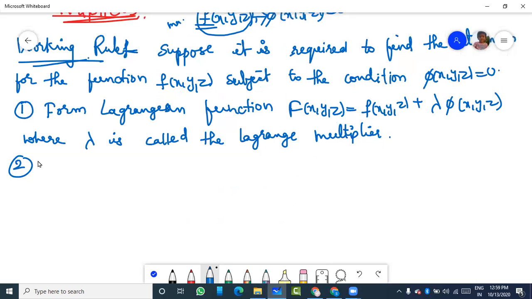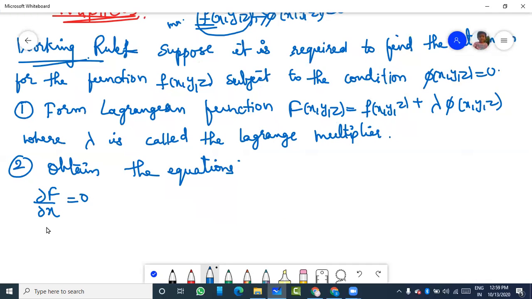Step 2 is to obtain the equations: dou F by dou x equal to 0, dou F by dou y equal to 0, dou F by dou z equal to 0.